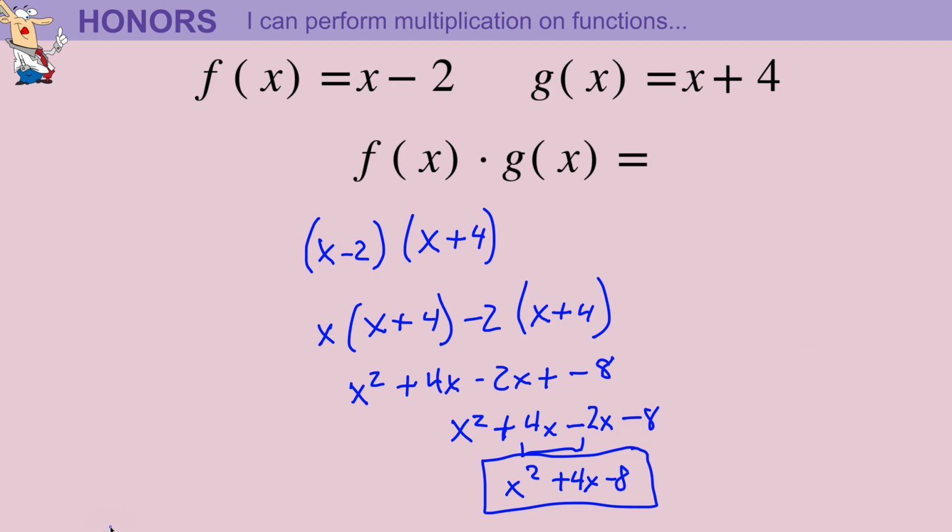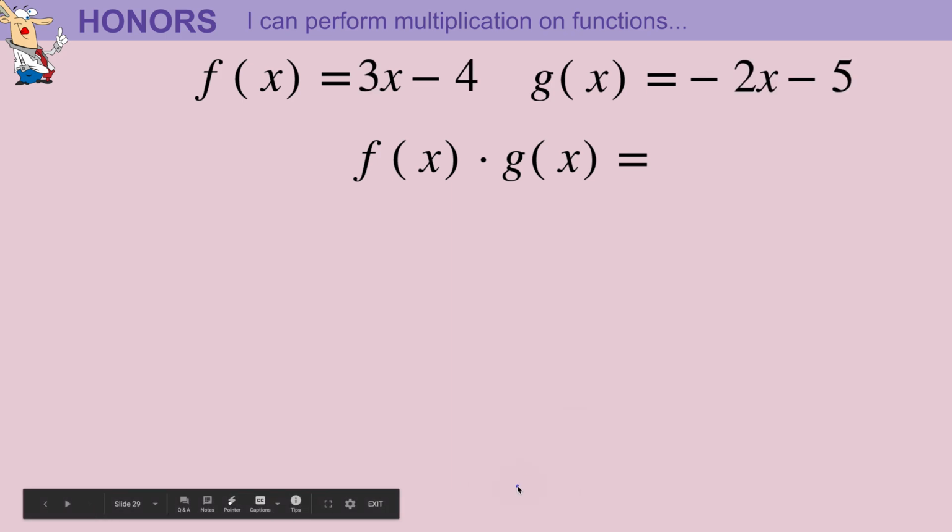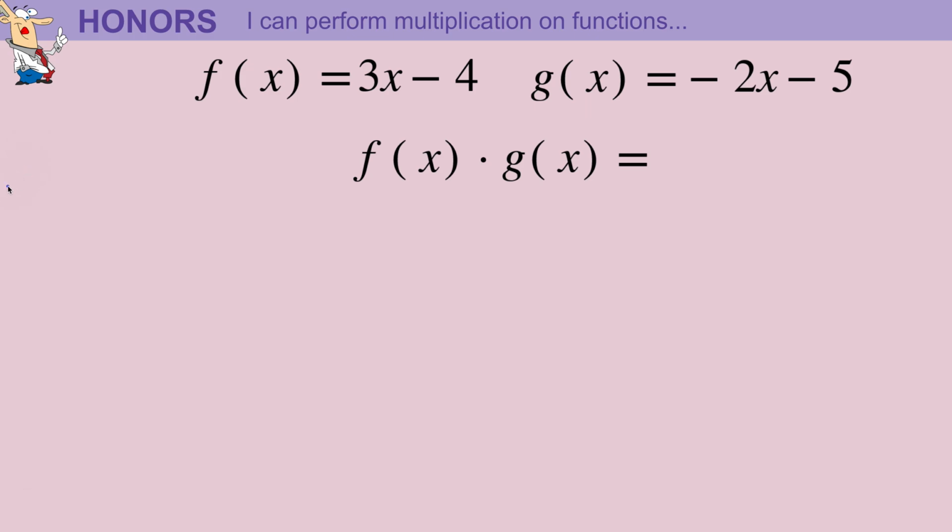Okay, one more example. And this time it's a little bit more complicated. Not too bad. Still follow through with the procedure. So we're doing 3x minus 4 times negative 2x minus 5.